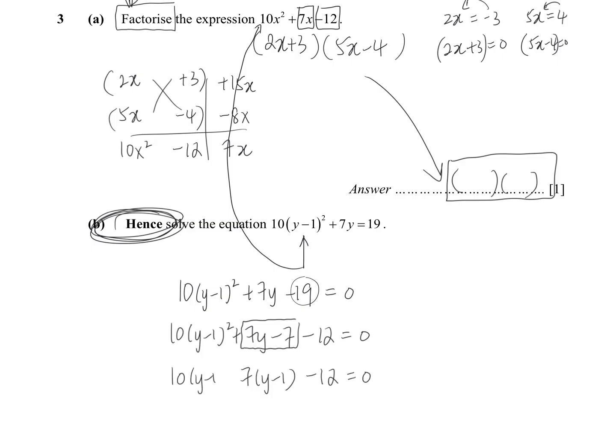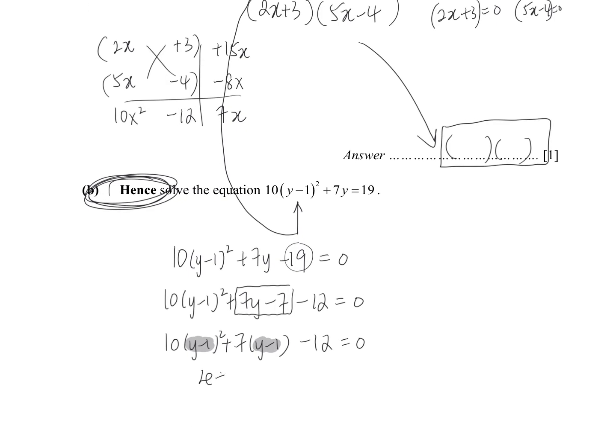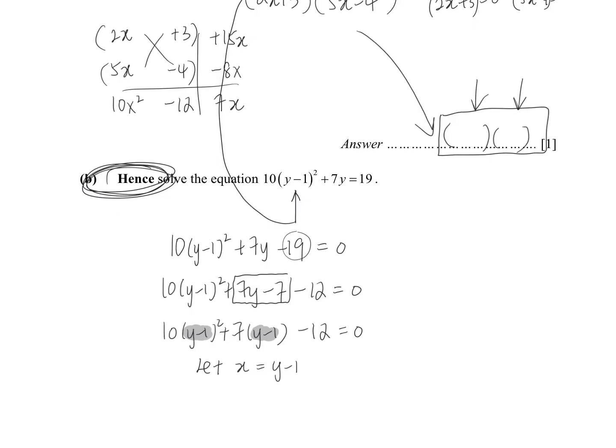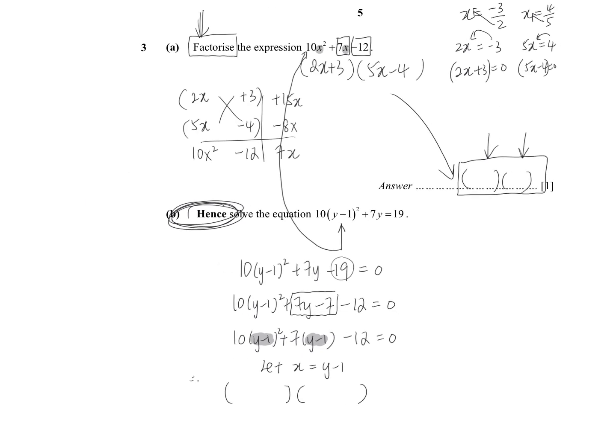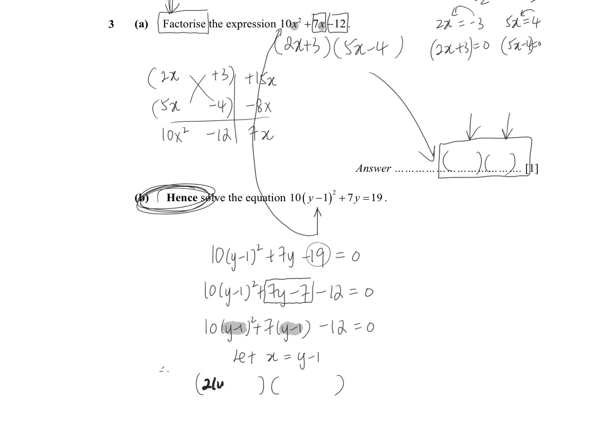So if you do observation, you can see that it seems I have substituted x to be y minus 1. So in other words, I can let x be y minus 1. So my solution set should be the same. Same solution set. So therefore, instead of 2x plus 3, now it's this.